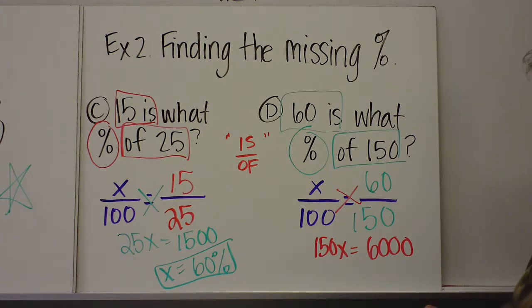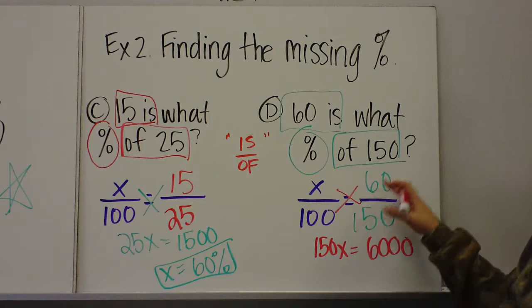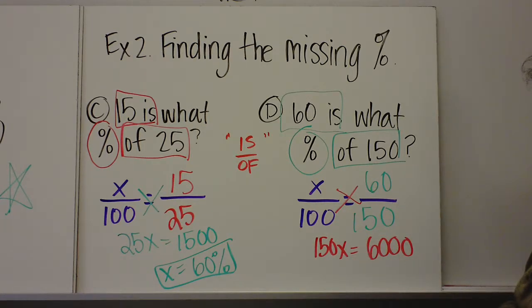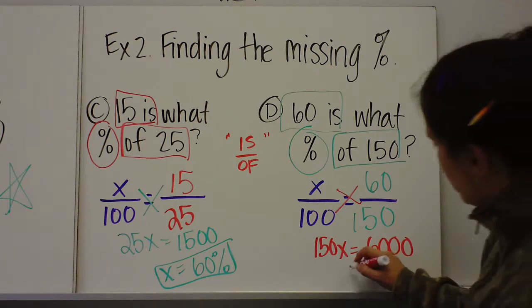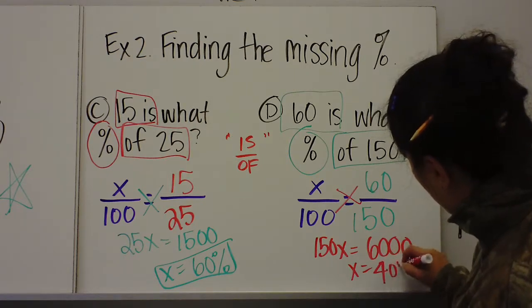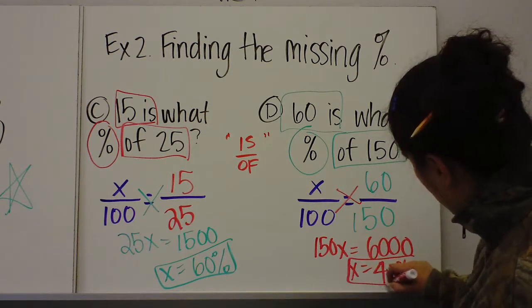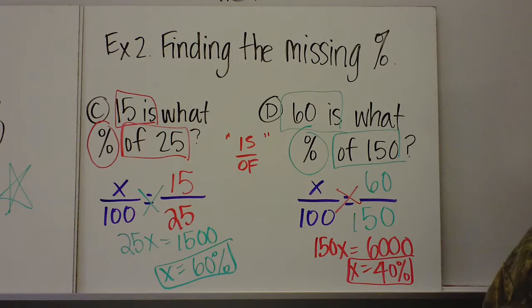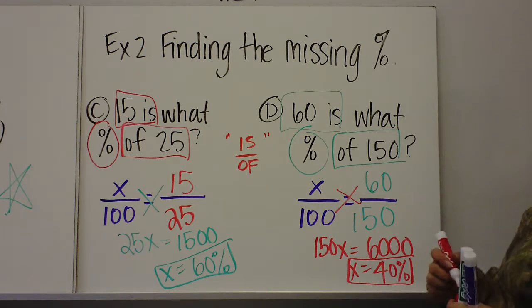All right, so we get 150x equals 6,000, and then you divide, and you get x equals 40%.